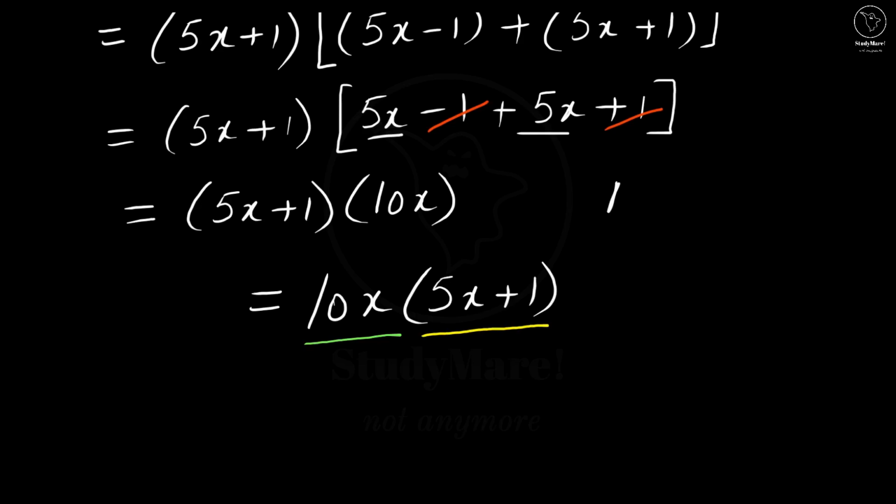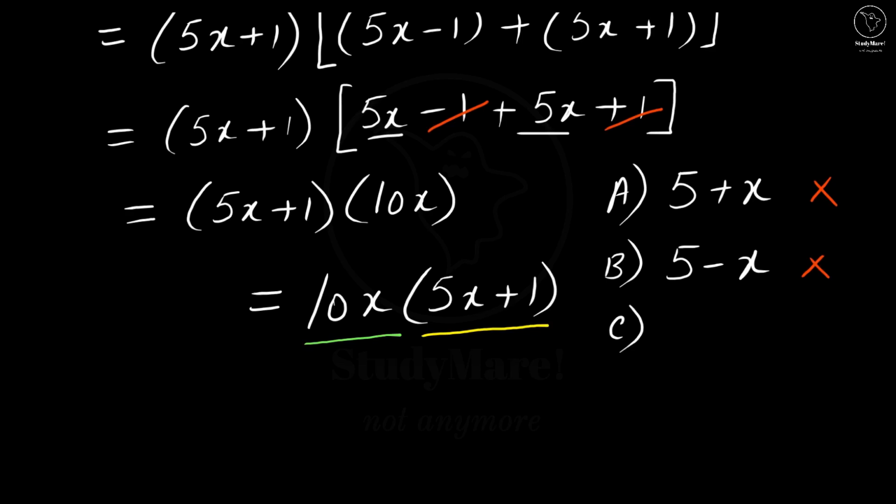Recall the question, we had four options. Option A was 5 plus x. Is it one of the factors? No, this is not possible. Then we have the second option, 5 minus x. Is it one of the factors? No, so this is also not the correct option.